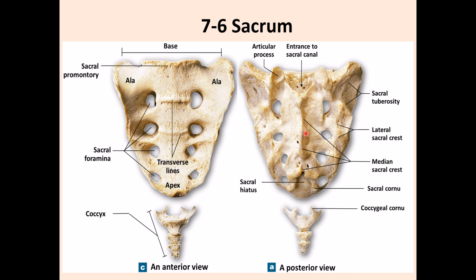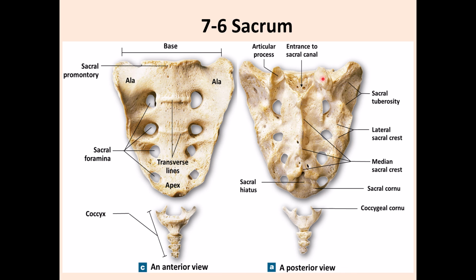There is also some bony prominence here in the middle. It's called the medial sacral crest, and laterally you have the lateral sacral crest. Different muscles and ligaments and tendons attach to that area. You have the sacral foramina similar to the anterior view. And also you have the sacral tuberosity, this area, and the articular process.